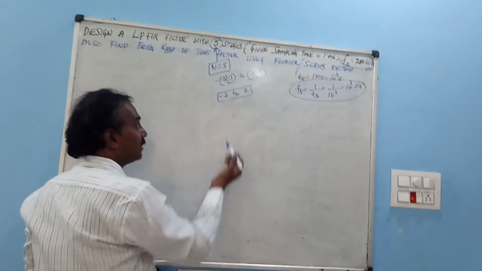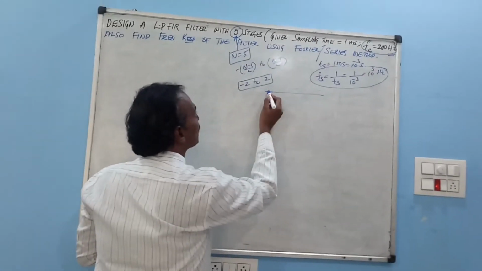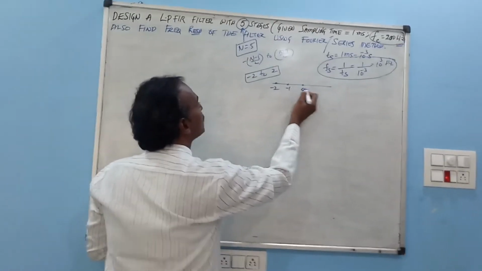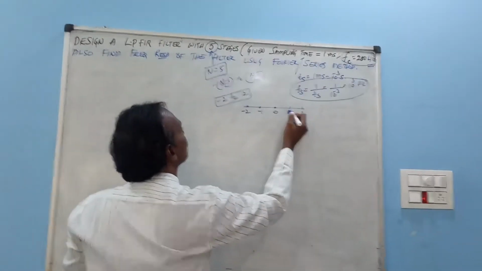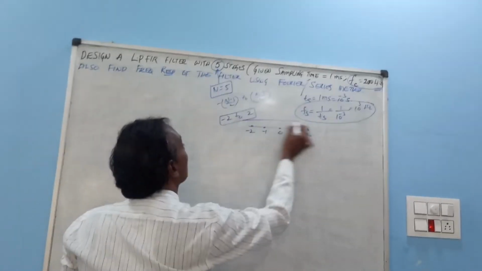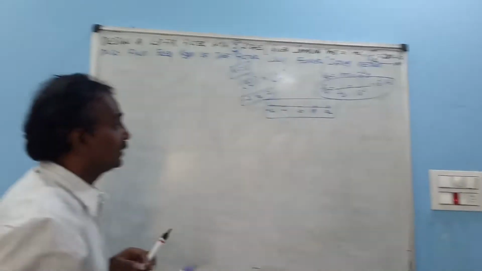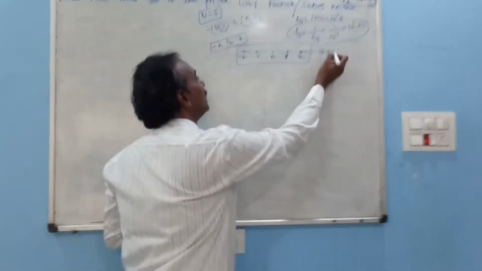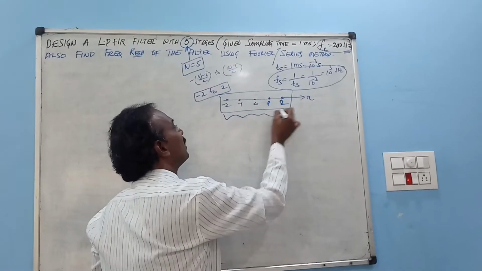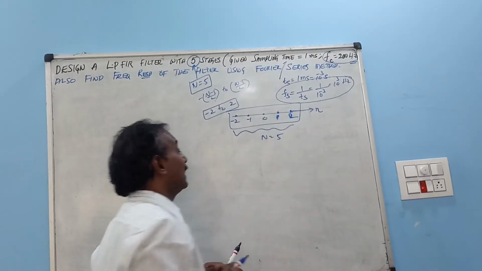So if I take the time limits, minus 2, minus 1, 0, 1, 2, these are the 5 values, the 5 stages or 5 samples he is asking. So this is small n, where the number of samples N is equal to 5.